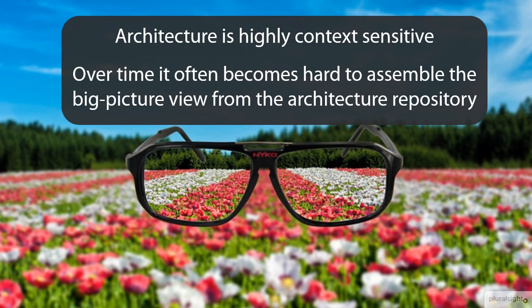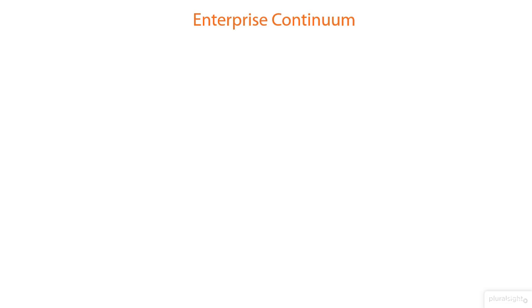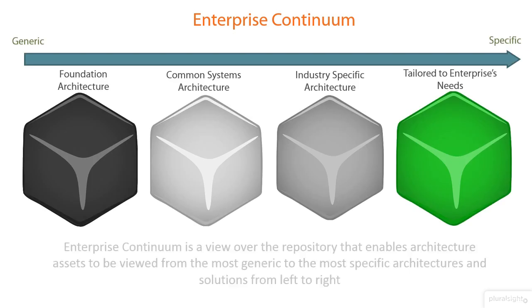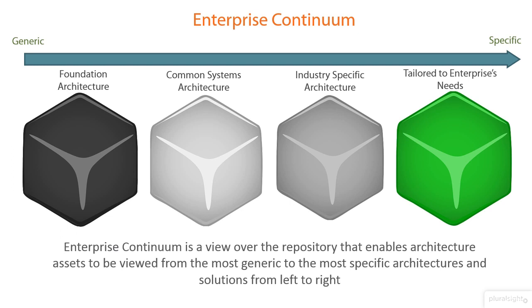Hence, the purpose, as stated in TOGAF, for Enterprise Continuum is to create this layer of abstraction over the architecture repository and present a view that enables the architecture assets of the enterprise to be viewed from the most generic to the most specific architectures and solutions from left to right, thereby enabling users of the repository to traverse across multiple architectural contexts and be able to communicate effectively in reference to which context they are referring to at a point in time.